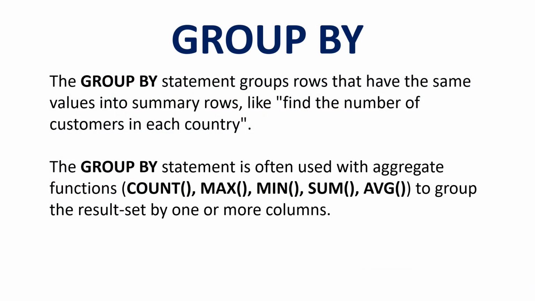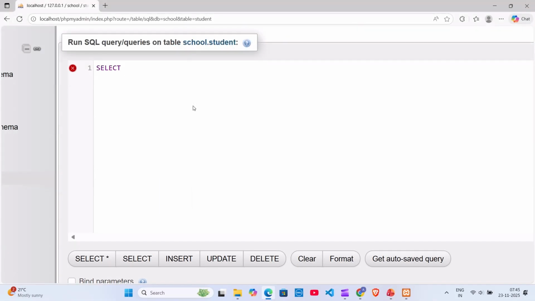The group by statement groups rows that have the same values into summary rows, like find the number of customers in each country. The group by statement is often used with aggregate functions to group the result set by one or more columns. Let's understand through example.